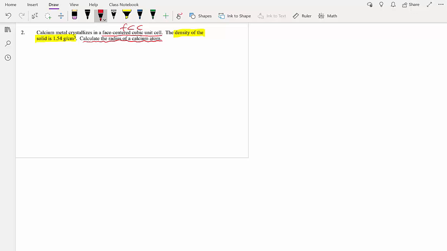If we want to know the radius of the unit cell, we first would need to know the length of an edge of the unit cell. So the radius would be calculated from the length of the edge of the unit cell. And the length of the edge of the unit cell can be calculated from the volume of the unit cell.